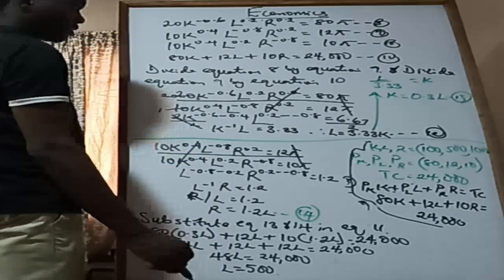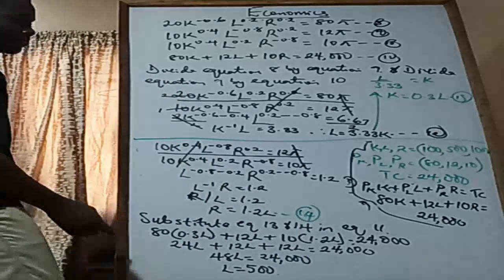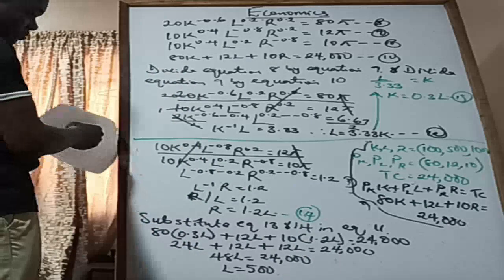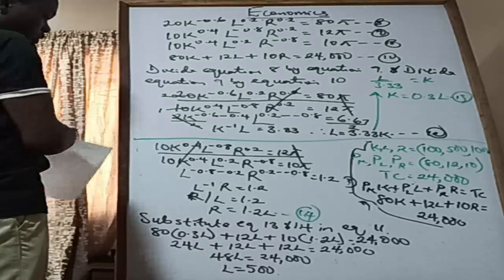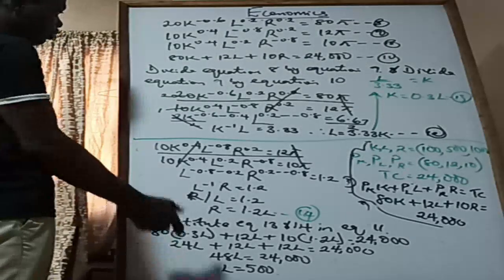And if you look at it, this guy was using L of 500 too. Okay. So, is he optimizing? Let's see. So L is 500 workers, so you should have 500 units of labor.